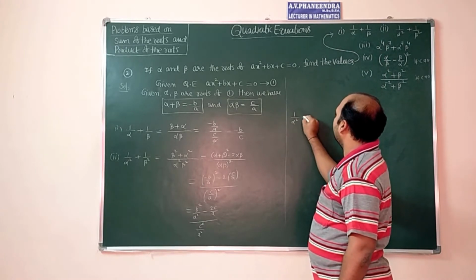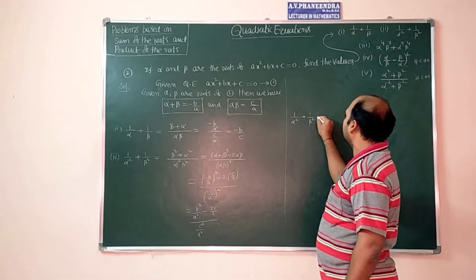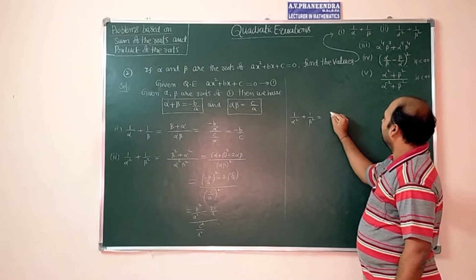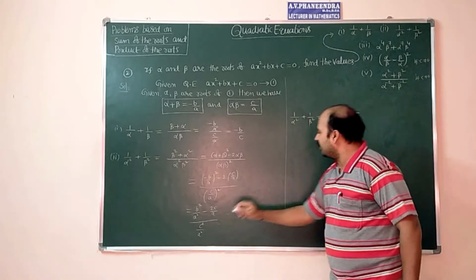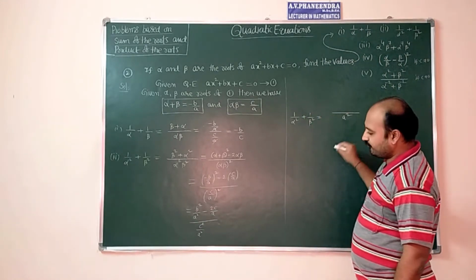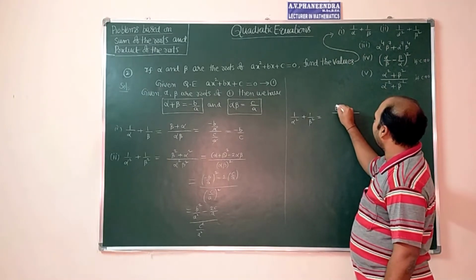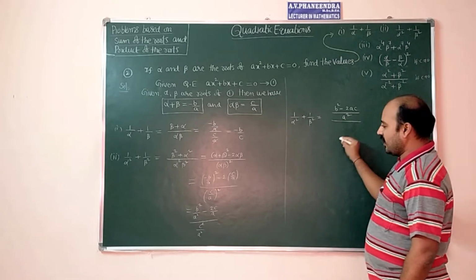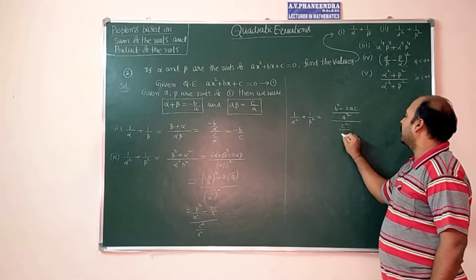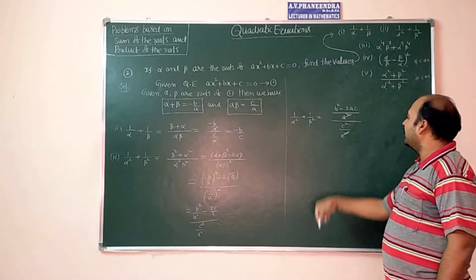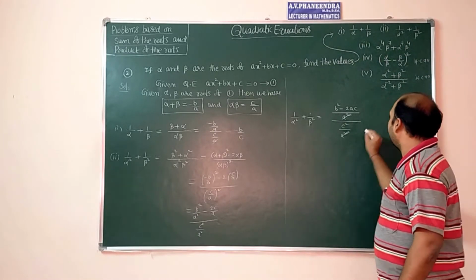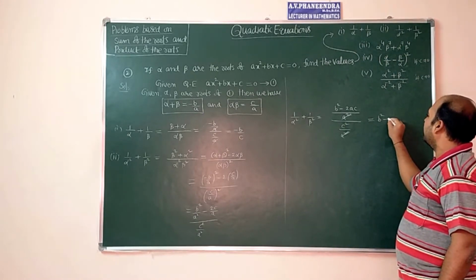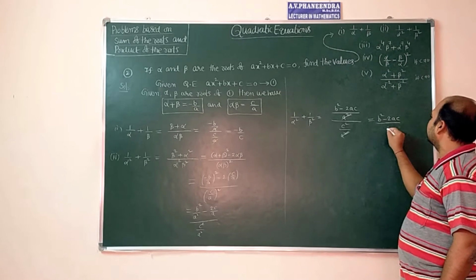In the numerator you have to take LCM, here a square is the LCM. So b square minus 2ac whole divided by c square by a square. Here a square, here a square get cancelled. Therefore, it is equal to b square minus 2ac divided by c square.